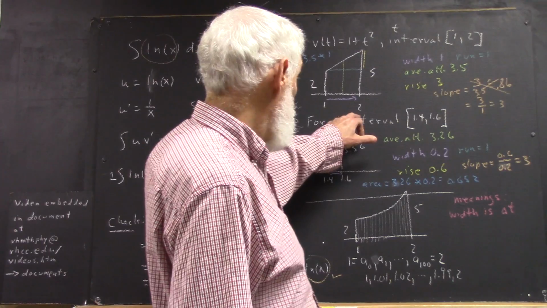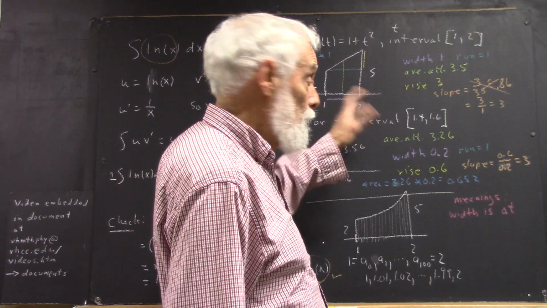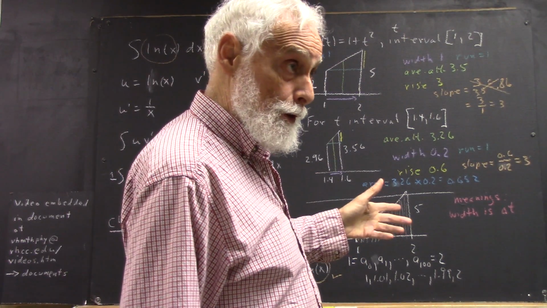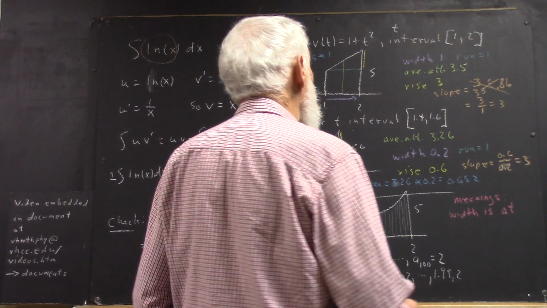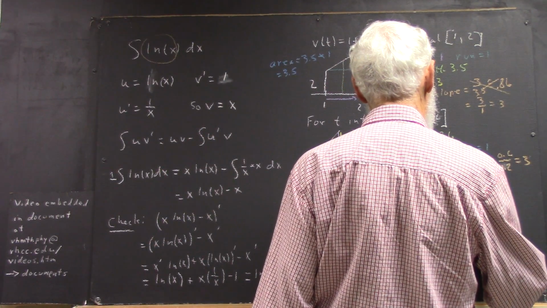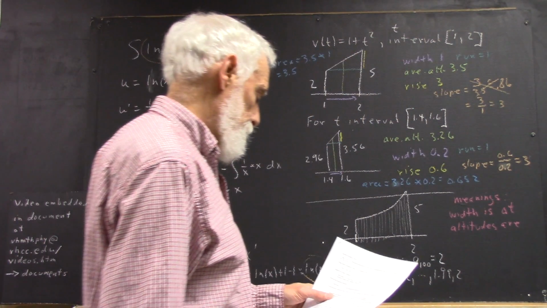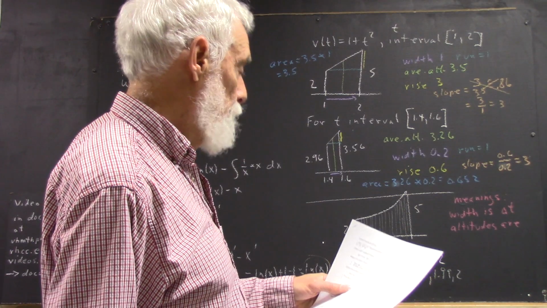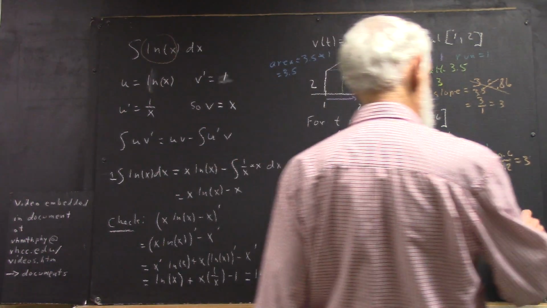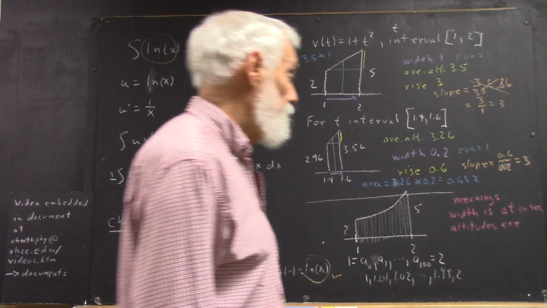Your time goes from 1 to 2. That's like 1 second to 2 seconds, maybe. So the width is 1 second. Here the width would be 0.2 of a second. I did specify the units. These widths are in seconds.